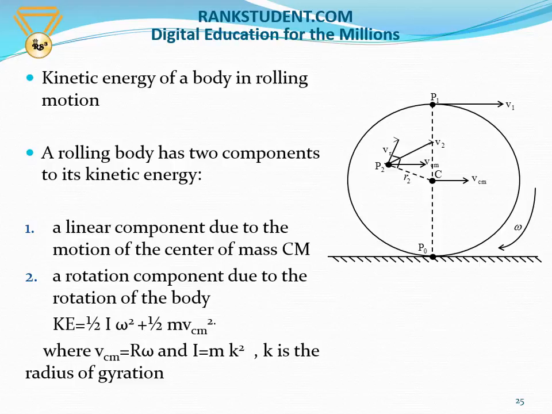Let's go over it again. The kinetic energy of a body in rolling motion has two components, a linear component and a rotational component. So the kinetic energy is half of I omega squared plus half of m vcm squared, with vcm the velocity of the point C with respect to a point m. vcm equals r omega and I equals mk squared.